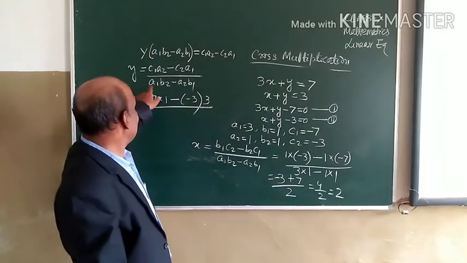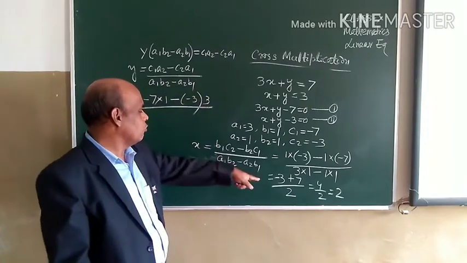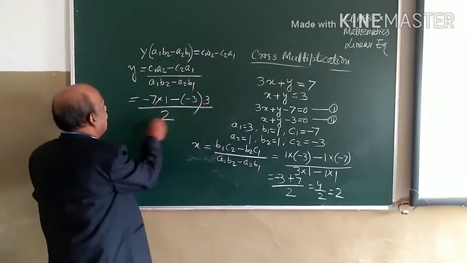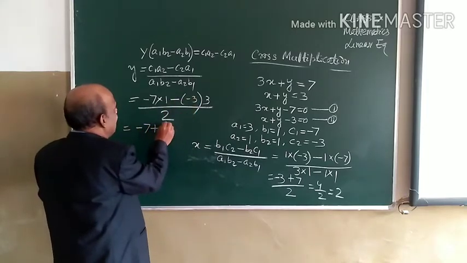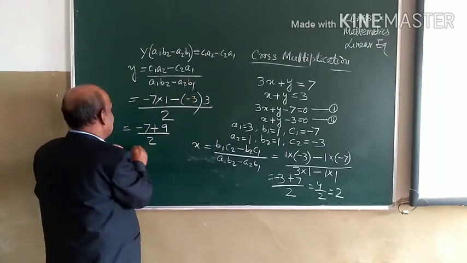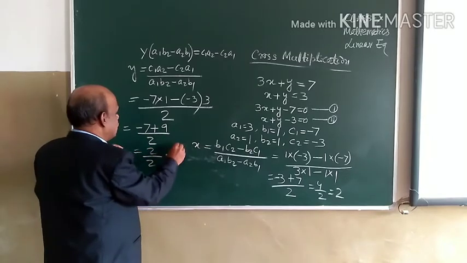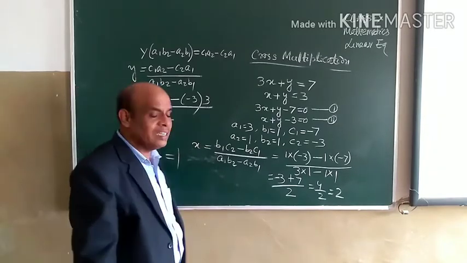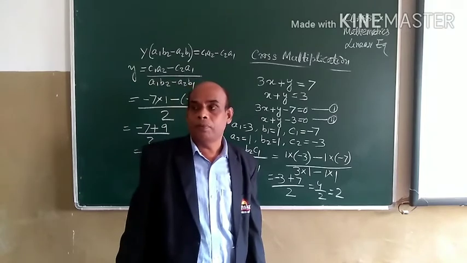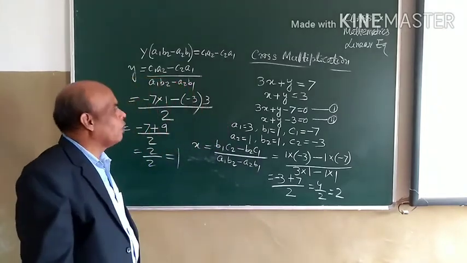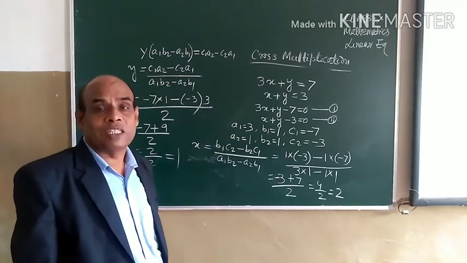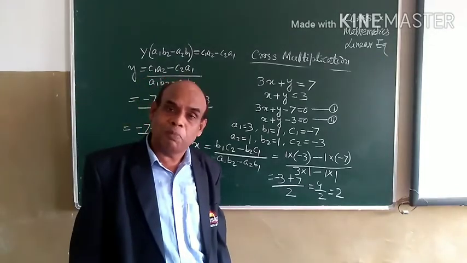You see here, a1 b2 minus a2 b1 we got 2. So now minus 7 plus 9 by 2, it means 2 by 2, that is equal to 1. So dear children, we got the value of x is equal to 2 and y is equal to 1. So that is by the method of cross multiplication.